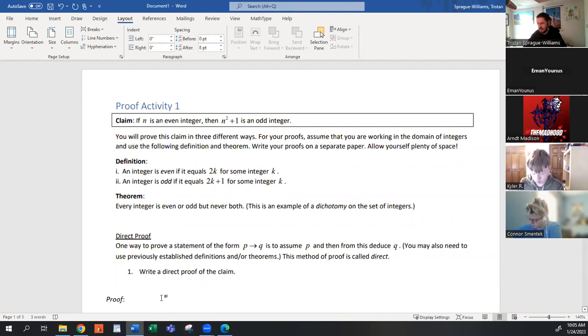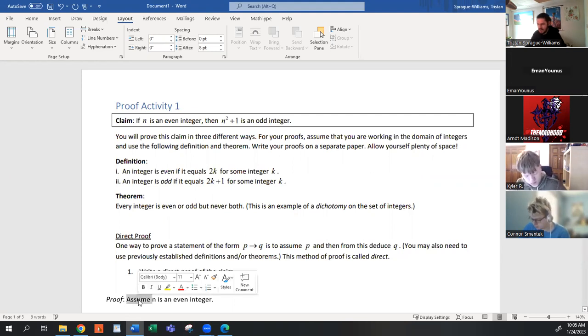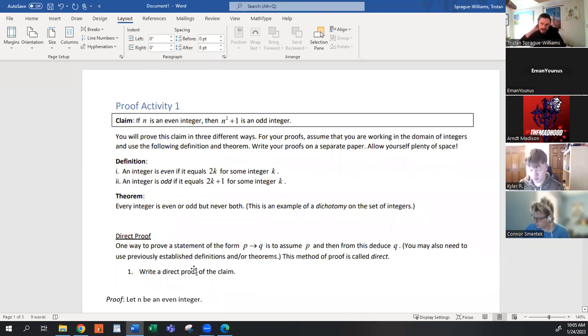So we're going to say, assume n is an even integer. Or you could also say, let n be an even integer. Either of those would mean the same thing. Those are both common ways to begin something like this. Let n be an even integer.